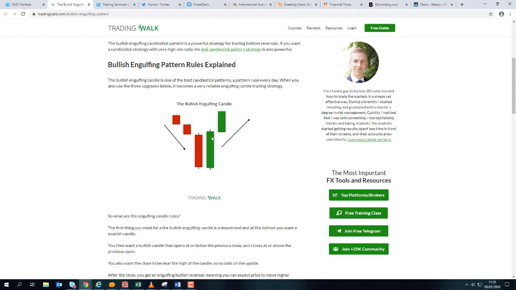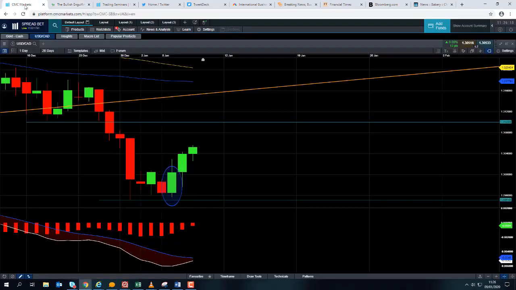So the body of the candle completely engulfs the body of the previous session. And then we can see the market begins to push on higher. That's the confirmation that the market has moved on from that point.